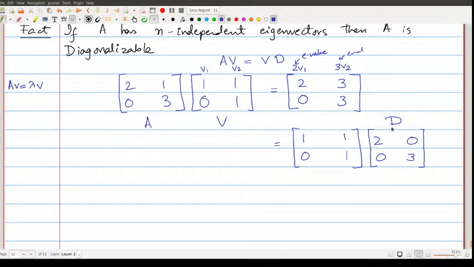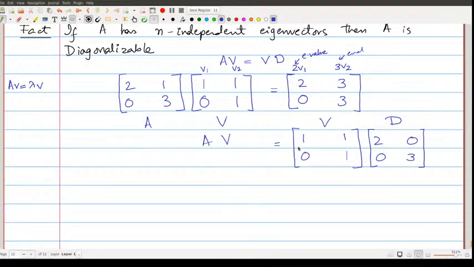If I do this multiplication again, you can notice that I'll get the same thing. 1 times 2, 1 times 0 gives me 2. This value is correct, right? Then if I do this row times this column, I'll get 3. If I do this row times this column, I'll get a 0. And if I do this row times this column, I'll get a 3. So all of these entries do check out, right? So what I've shown you is that A times V gives us V times D, right?